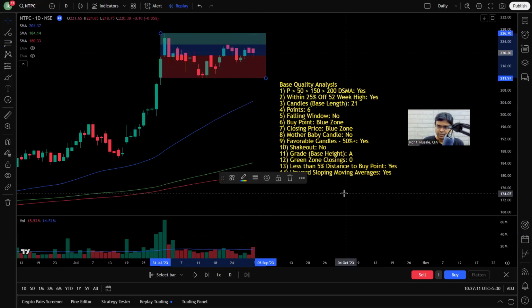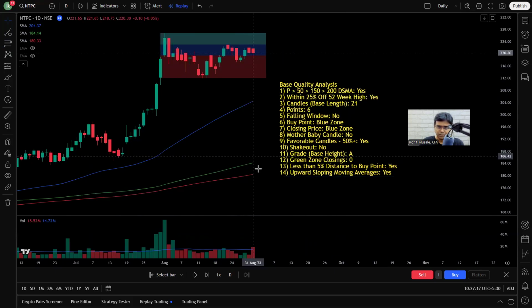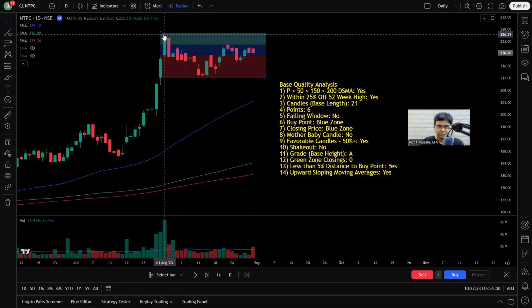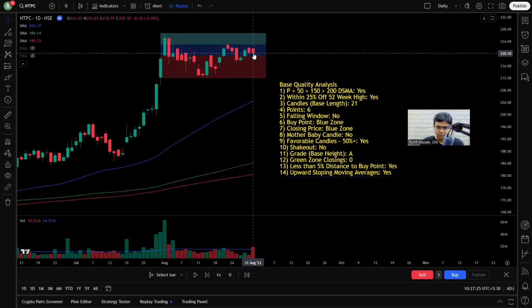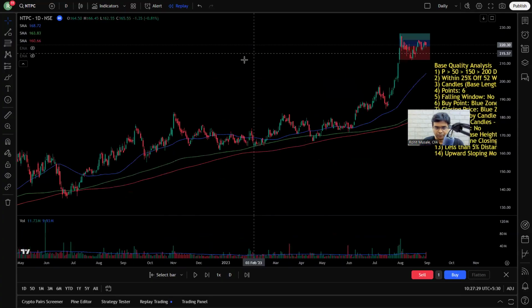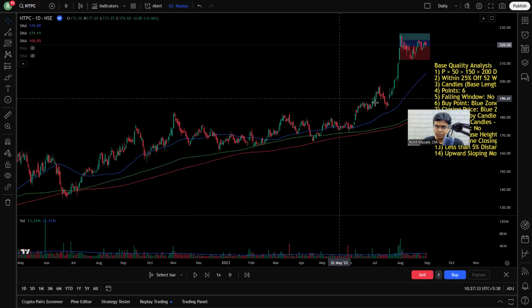So, base quality analysis. Is the price above all the three moving averages? Yes. So, price is above the blue, green, red. Is the price within 25% of 52-week high? Yes. This is the 52-week high. So, this is August 2023. If I go to August 2022 here, what's the highest price during that 1 year period?